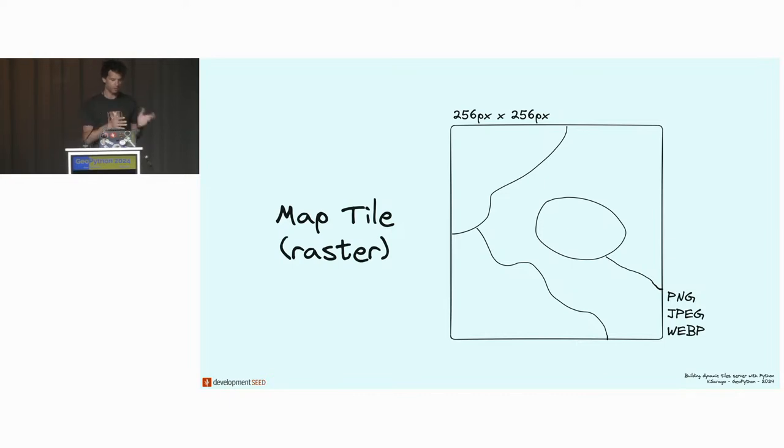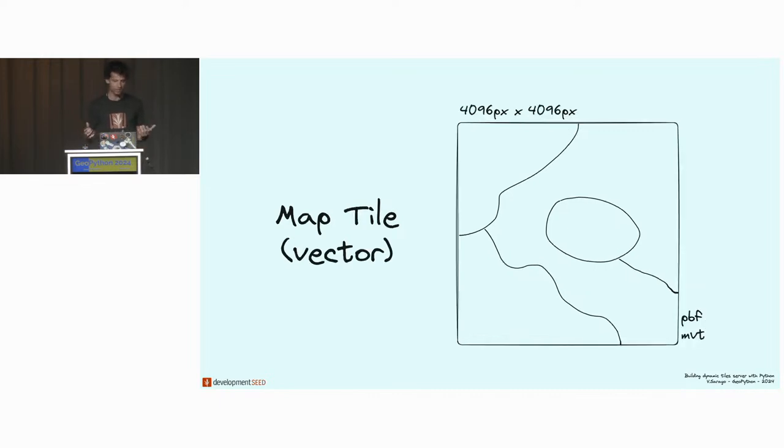There are the raster tiles, usually PNG, JPEG, WebP. They are usually really small, 256 by 256 pixels. And there are the vector tiles, which are bigger. They are usually encoded in PBF and MVT.